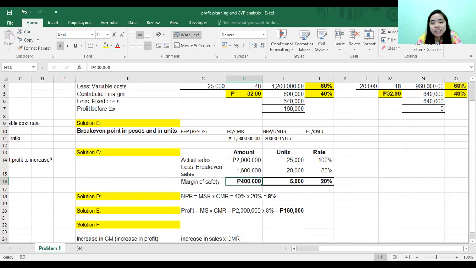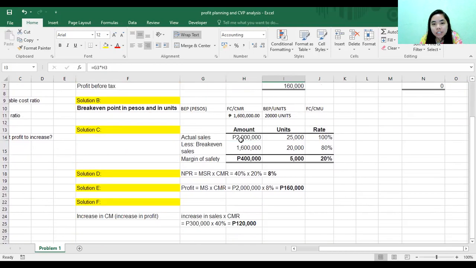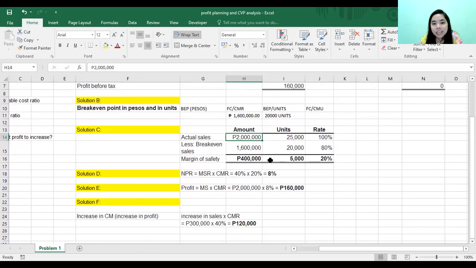So margin of safety is simply your actual sales less your break-even sales, in pesos and in units. Your actual sales is 2 million for 25,000 units, but your break-even is only 20,000 units.